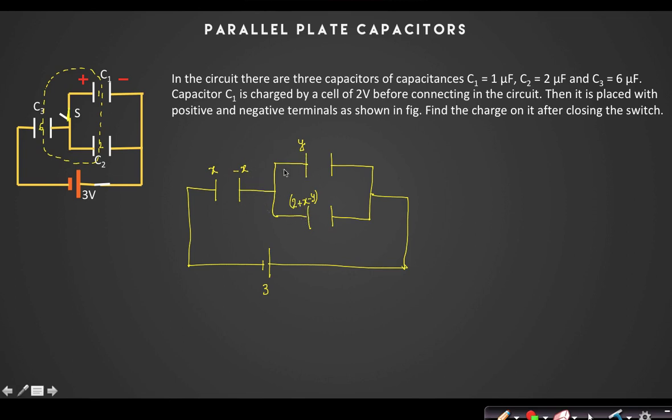So this is minus Y and this is minus of 2 plus X minus Y. Am I right in that charge distribution? You can assume any charge to be X, Y and you can find your answer.